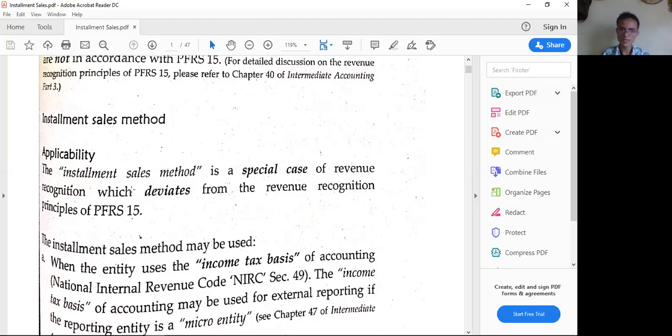The common types would be cash sales, wherein there's outright payment of cash, so spot cash. The other one is credit sale or account sale, in which the sale involves payment at a future date with one-time payment. Those are the two types of sales, account and cash.